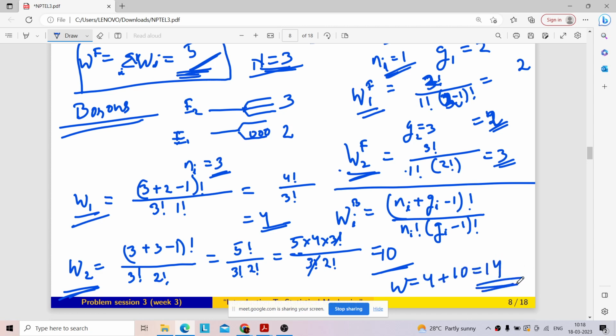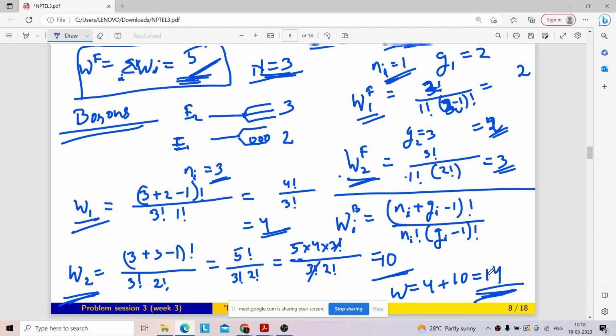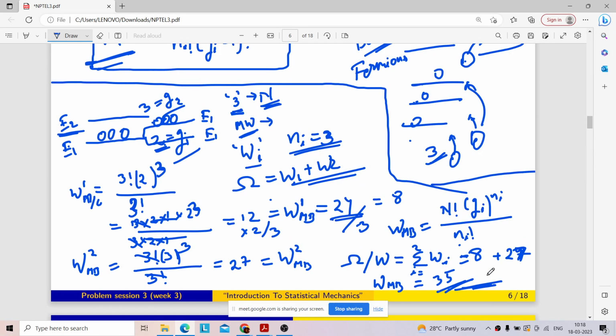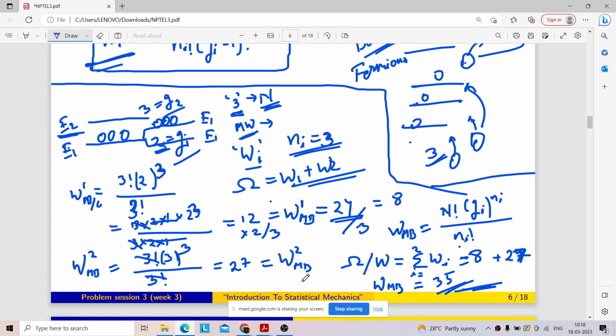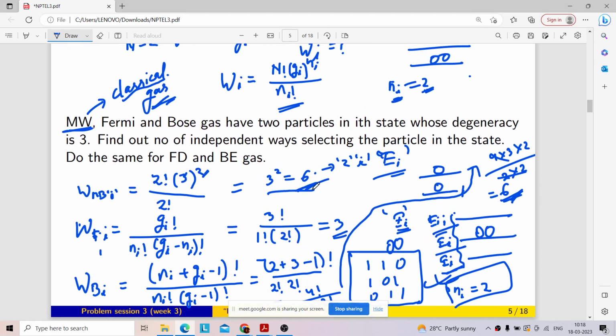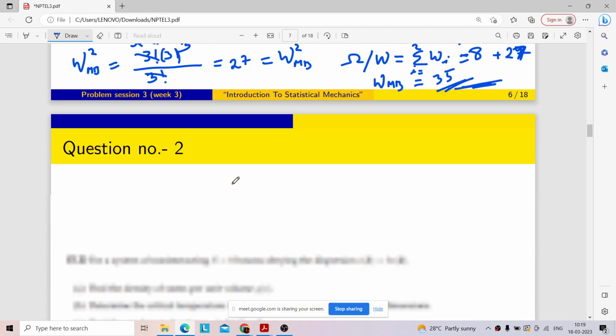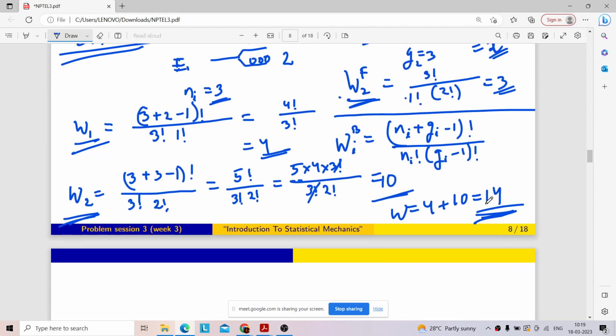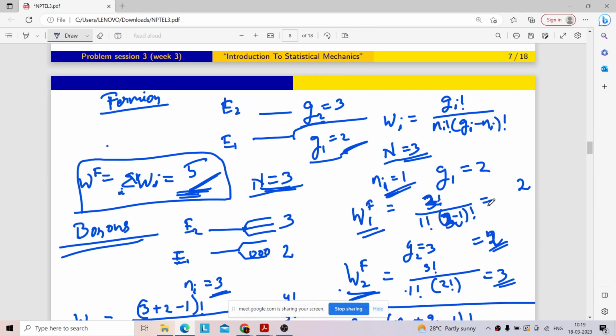So you see, previously we were getting the same number of microstates for classical gas and bosons. We were previously getting 6 for classical gas and Bose gas, but now we are getting different numbers for bosons and classical gas.